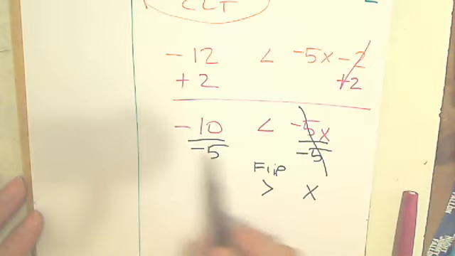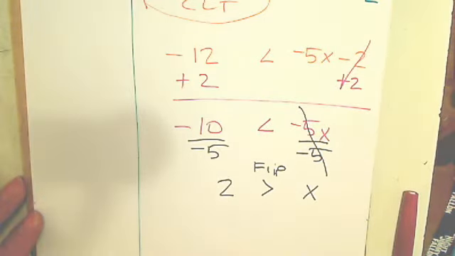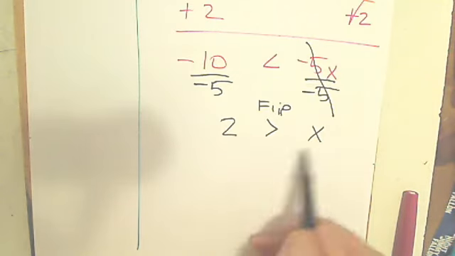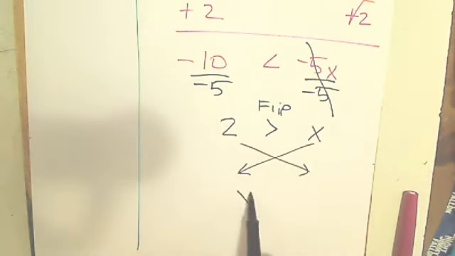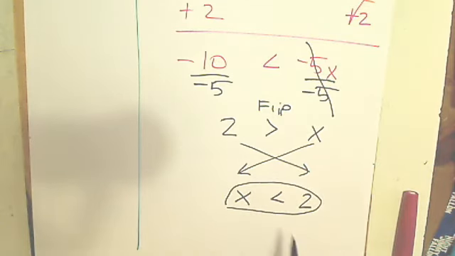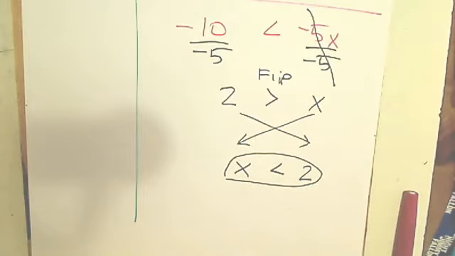Simplify this part: positive 2. It's not correct yet. You still have to move the variable to the left and the constant to the right. It flips back to the original position. There's your answer, your graph, your circle, your shade.